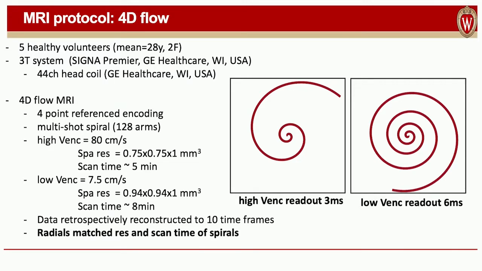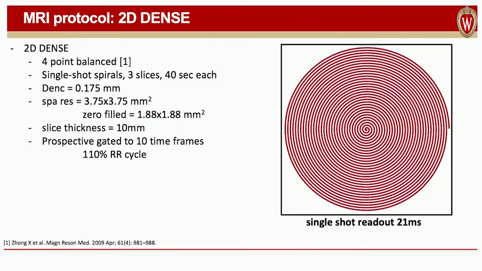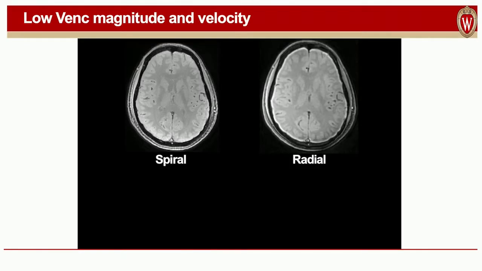So we designed longer readouts because with low Venc you have these large bipolar gradients, so your TR gets longer, and to avoid extending your scan too much, you want to cover as much k-space as possible per each excitation. So for the 2D DENSE, we use a single-shot spiral readout, and the images were prospectively gated to 10 time frames. And here we have some examples of the low Venc images.